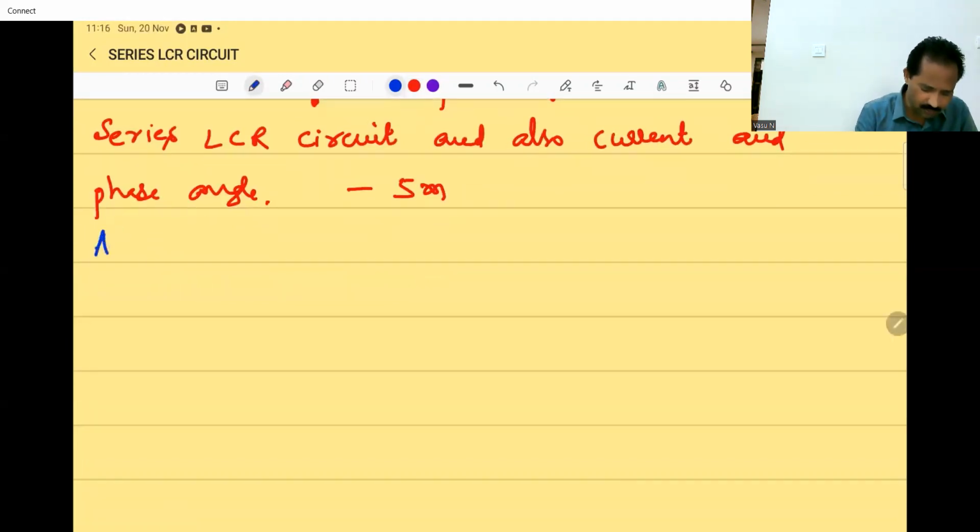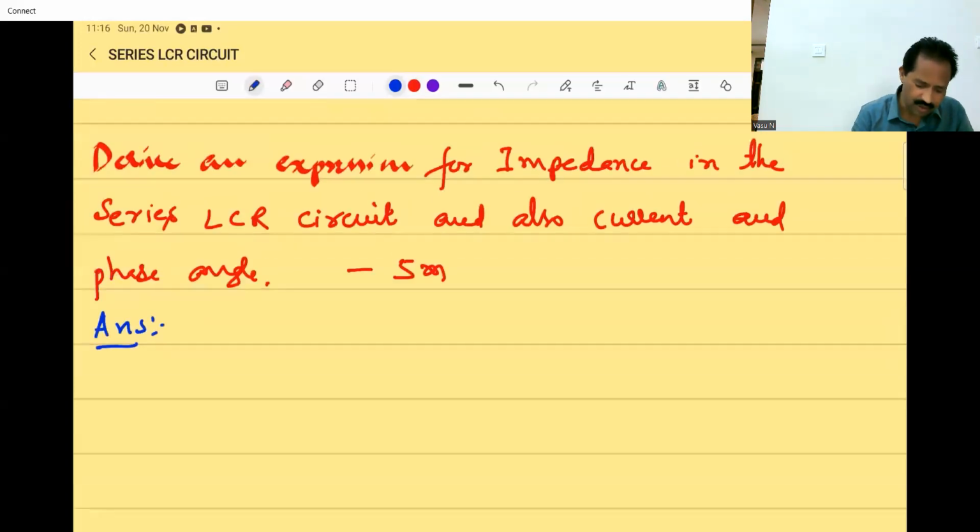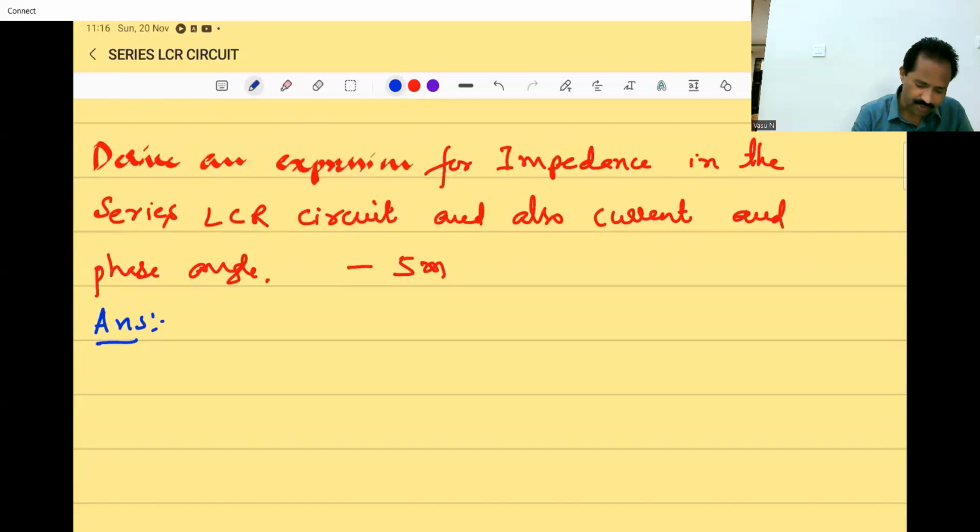There is one more addition to this question: using phasor diagram method.